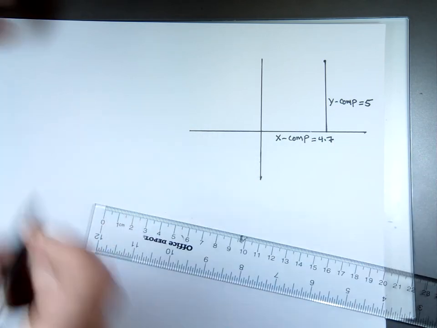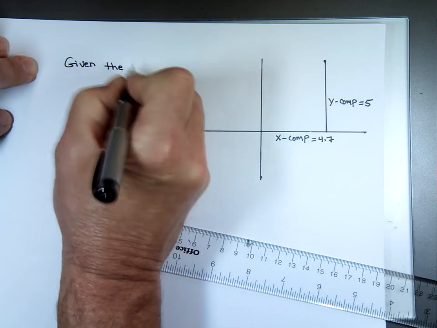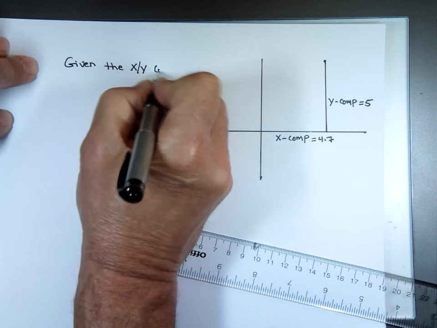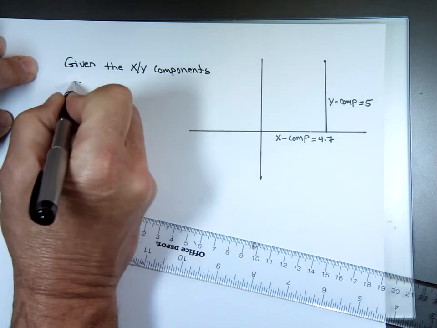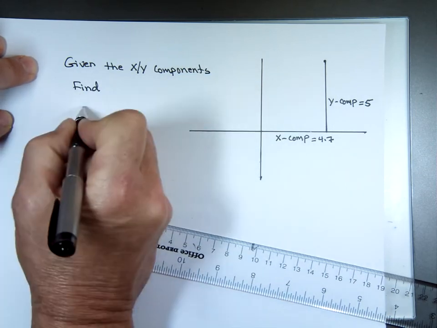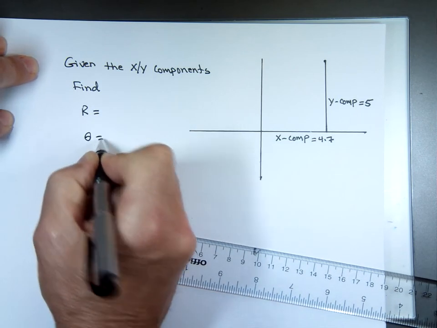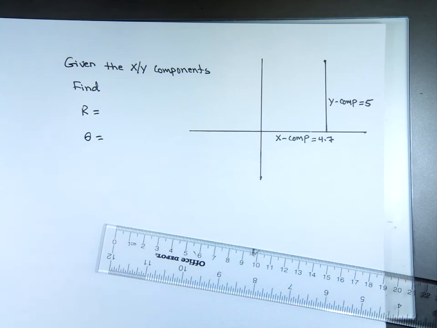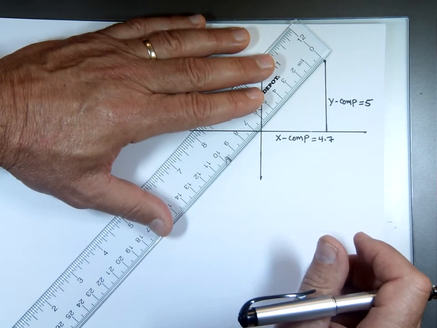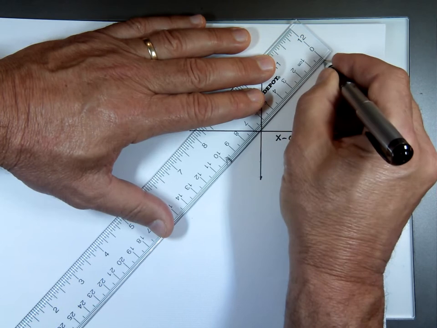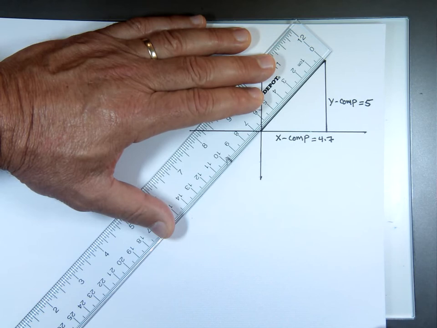So my question now, given the x and y components, can you find r and theta? Can we find the length of this one? This is your r. So I'm getting roughly what? What is that number? Can you see it? 6.7 maybe?